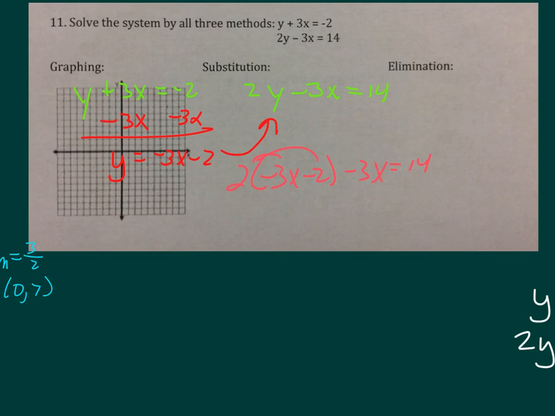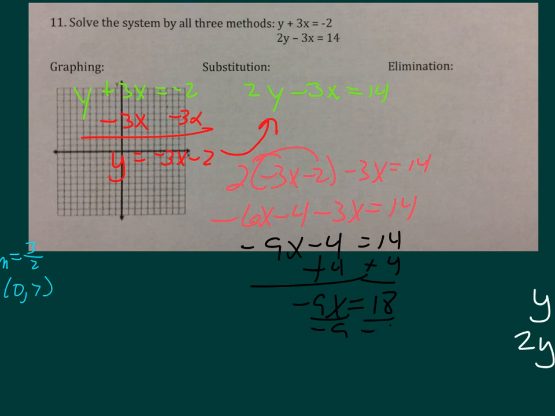When I distribute, I get -6x minus 4 minus 3x equals 14. Then, combine like terms, I get -9x minus 4 equals 14. Add the 4, and that's going to be 18. So -9x equals 18. Divide by -9, and x equals -2.